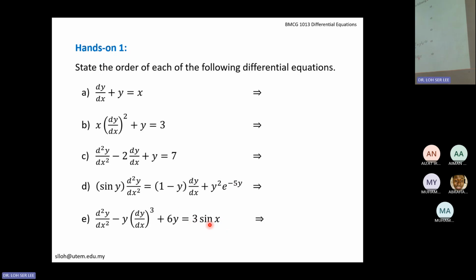So differential equations are not only about linearity and homogeneity. Sometimes we need to know whether it is linear homogeneous or linear non-homogeneous.